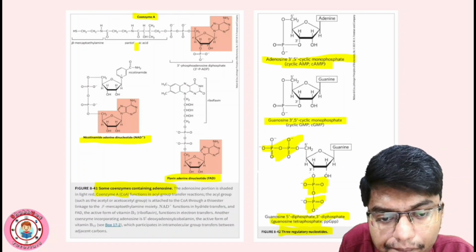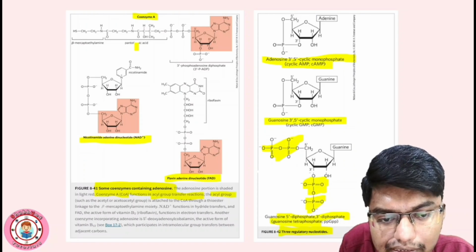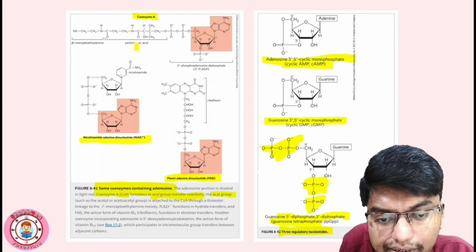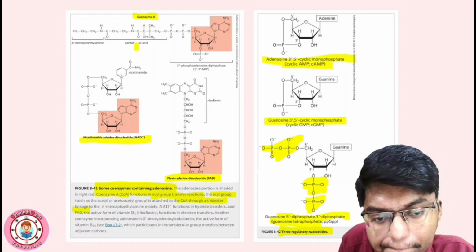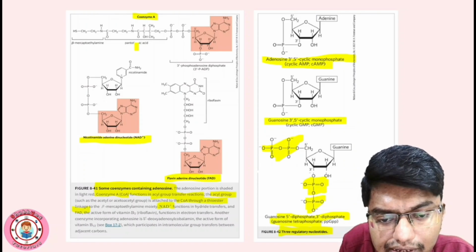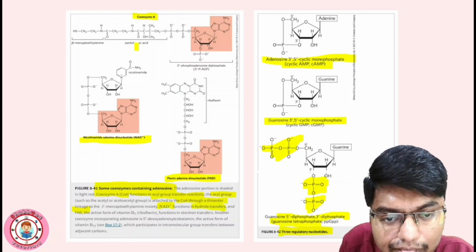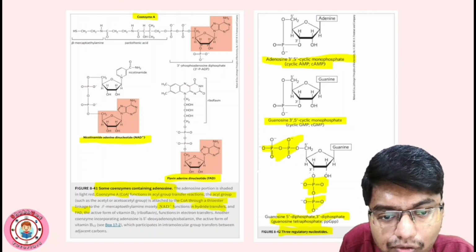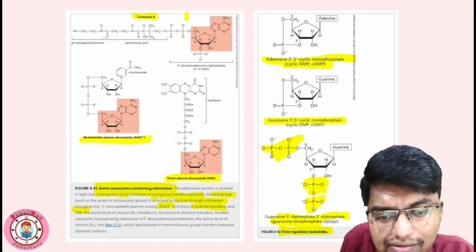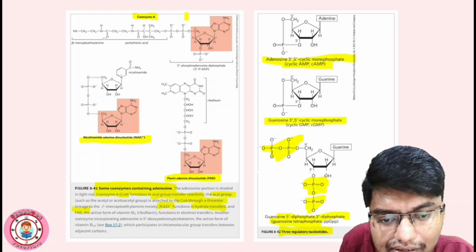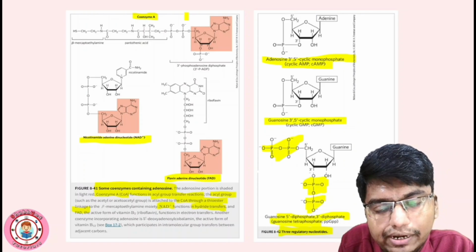Coenzyme A functions in acyl group transfer reactions. And this is important: an acyl group such as acetyl or acetoacetyl is attached to CoA through a thioester linkage. NAD+ functions in hydride transfer. We have seen NADH forms, so that is the involvement of NAD in hydride transfer reactions.